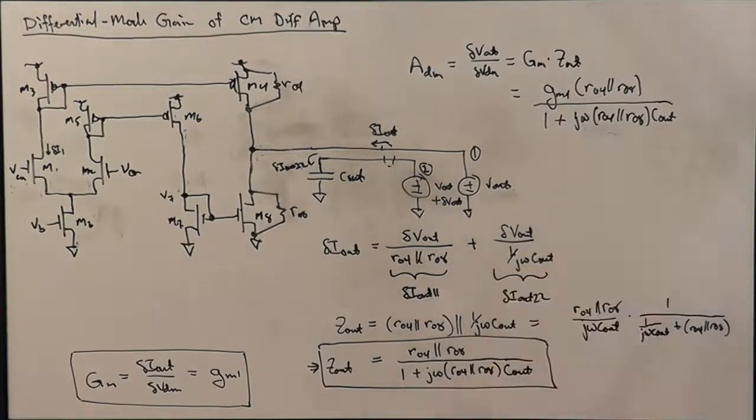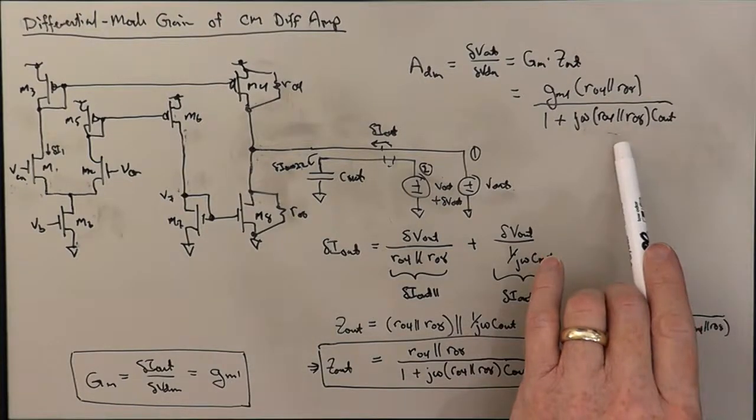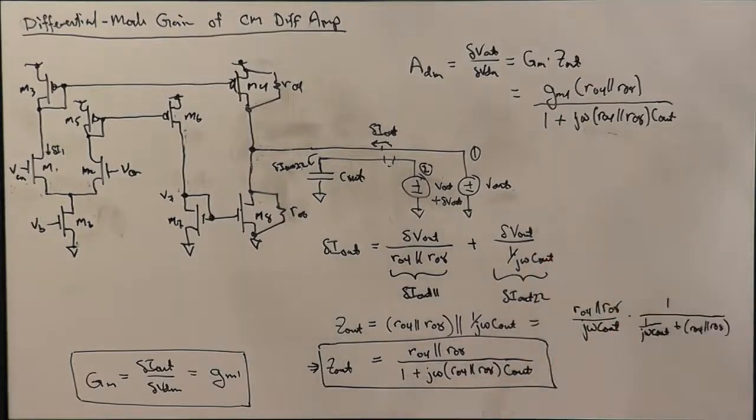once we get past this corner frequency of 1 over R04 parallel R08 times C out. And so the way that this capacitor comes into play is that it doesn't come into play at low frequencies, but when the impedance of the capacitor becomes comparable to the incremental output resistance of the circuit at low frequencies, then that capacitor starts to make a difference, and it starts to reduce the output impedance from its low frequency value, and we wind up with a gain that's starting to fall off with frequency.